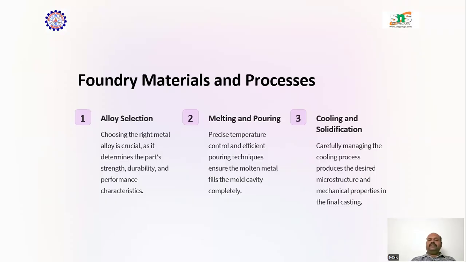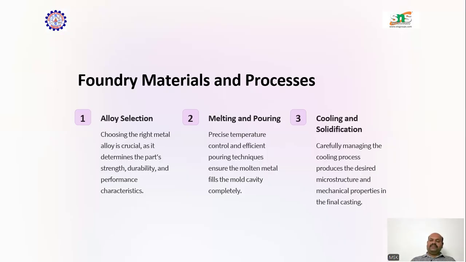Number two is melting and pouring. Every metal has a melting temperature and every metal has a pouring temperature. So we have to maintain a precise melting temperature as well as the pouring temperature throughout the process. Changes in the pouring temperature can cause certain defects in casting that reduce the yield of the process.